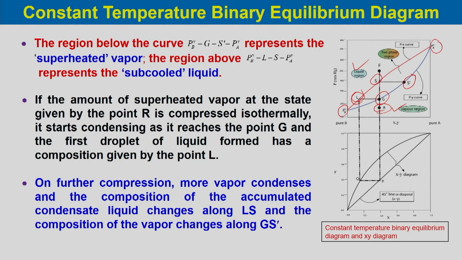Now, on further compression, more vapor will condense and the composition of the accumulated condensate liquid changes along the LS line. So, the composition of the liquid phase will change and increase, following along LS, and the composition of the vapor changes along GS dash.